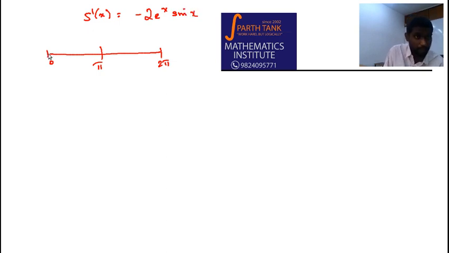Now I don't know what is going to happen beyond this, but here I know in 0 to pi sin is positive, so the whole term is going to be negative, and here pi to 2 pi sin x is negative and the whole thing will become positive. So at pi the function becomes negative to positive, right? So that is s dash of x becomes negative to positive.